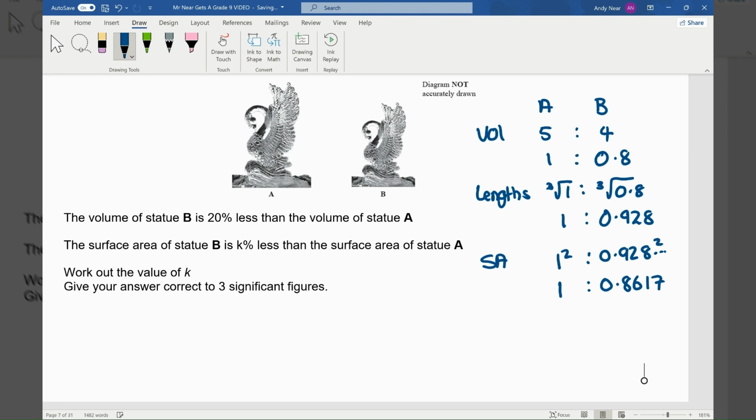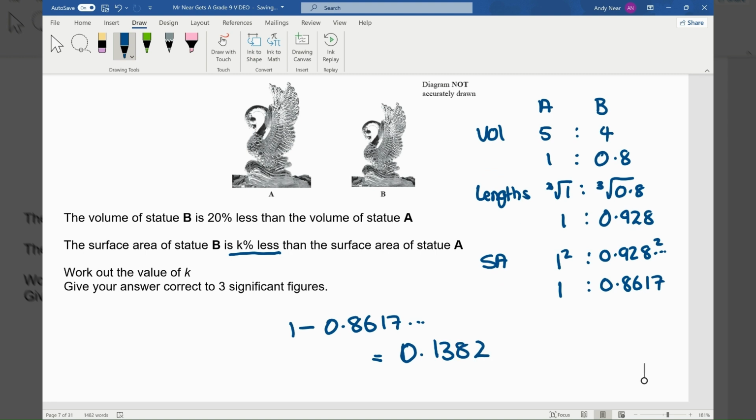So in other words, the surface area of shape B is 86% of the surface area of A. But it says the surface area of statue B is k% less than the surface area of A. So I need to do 1 minus my 0.8617, and that gives me 0.1382.